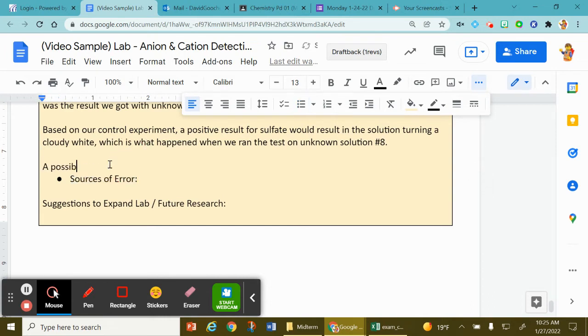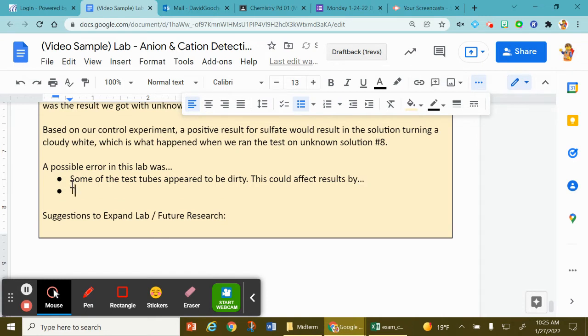A possible error in this lab was... You could talk about, for example, some of the test tubes appeared to be dirty. This could affect results by... and then you tell me how it might affect results and how you would fix it.